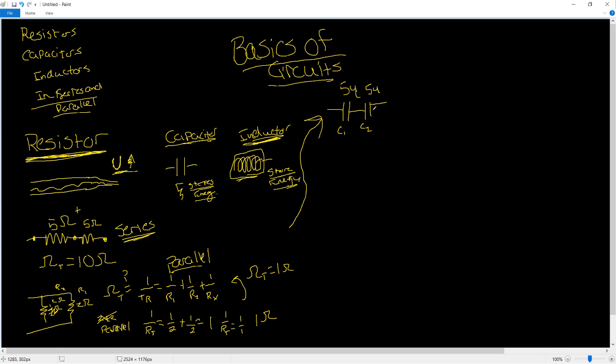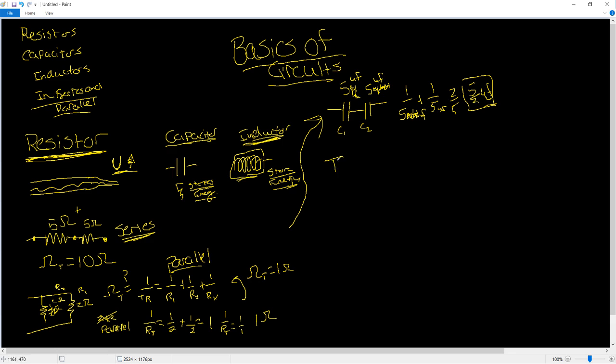These two capacitors in series are going to be 1 over 5 µF plus 1 over 5 µF. So that's 2/5, then you flip that reciprocal, so it's going to be 5/2 µF. So they act the same but in reverse.